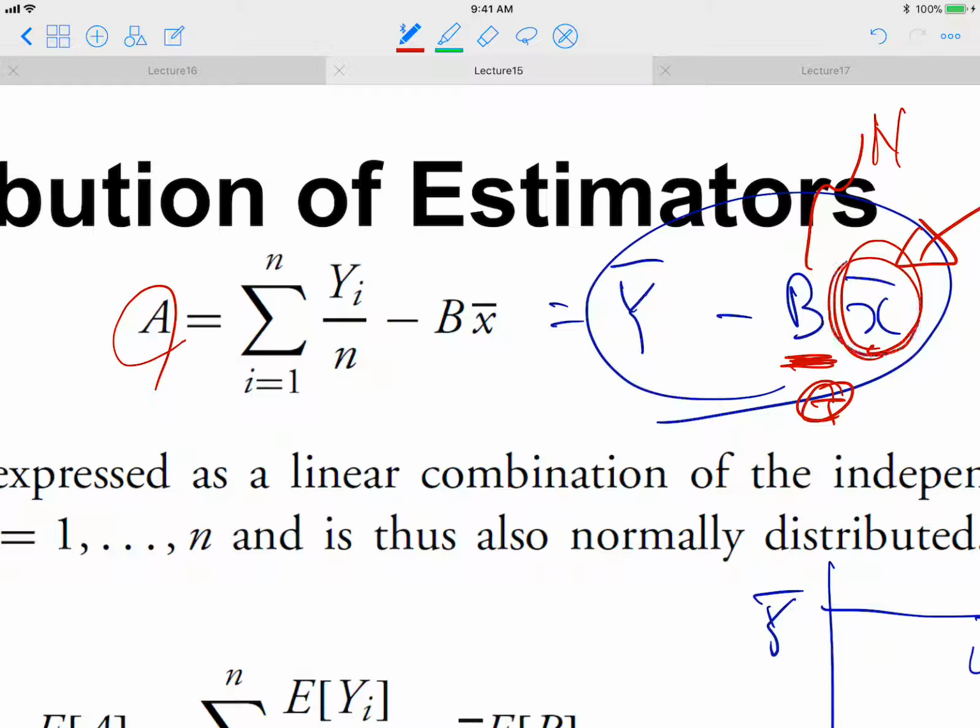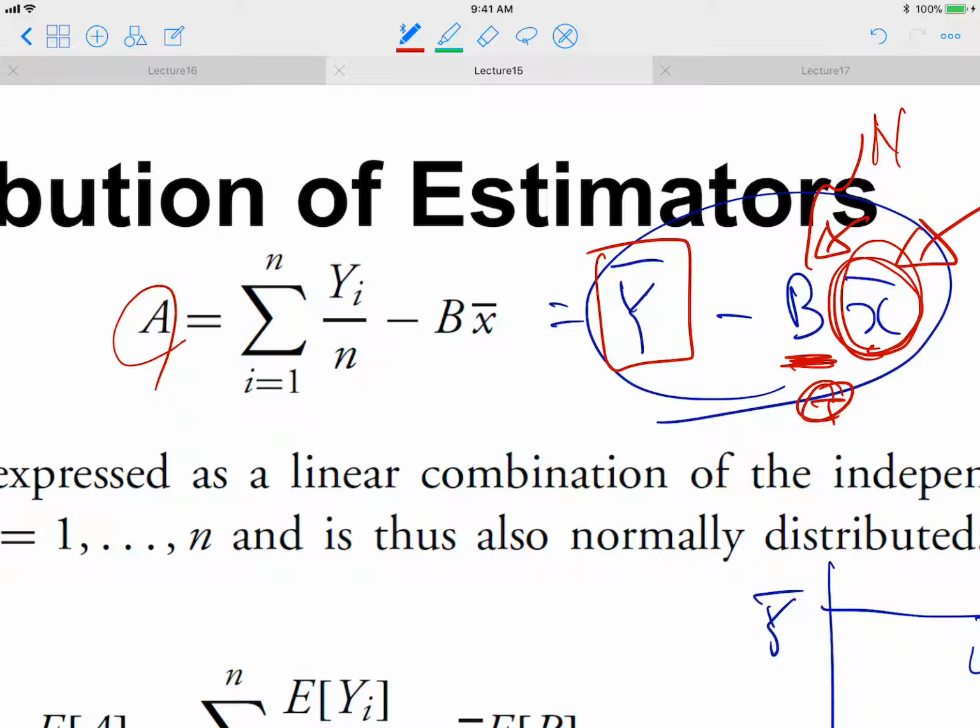So it's a scaled version of our normal random variable. So far so good. And then what about y bar? Is this a random variable or not? Y bar is the mean value, a kind of sample mean of our observations of y.